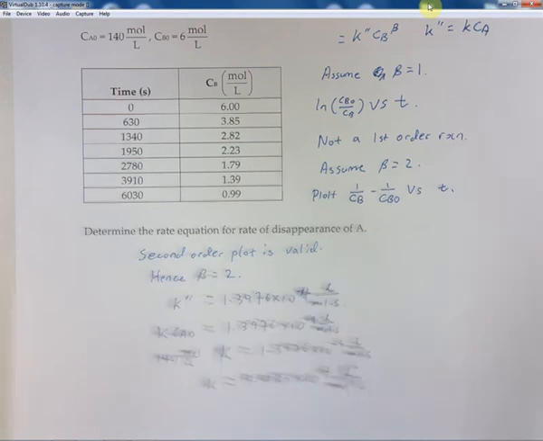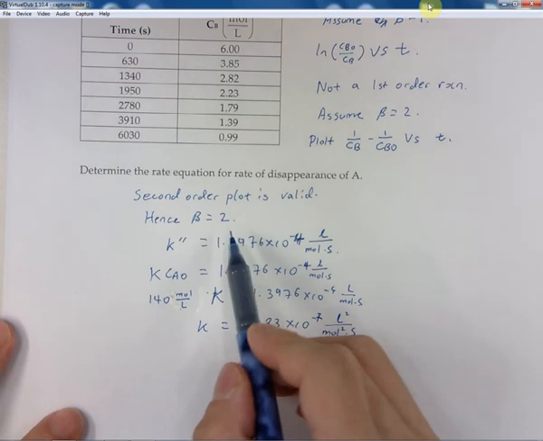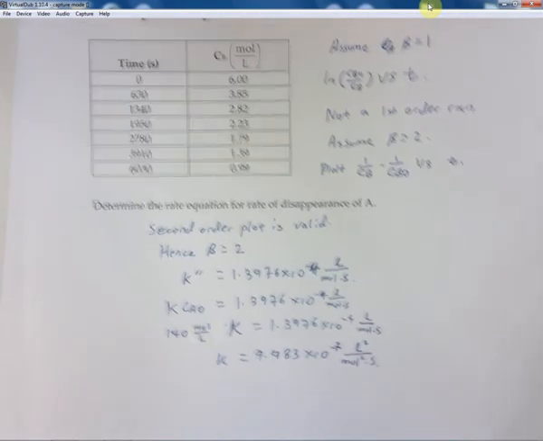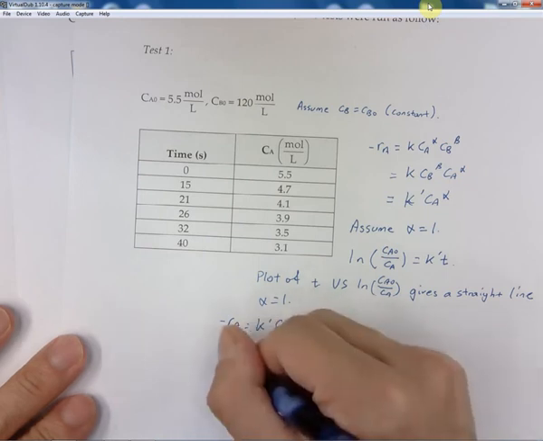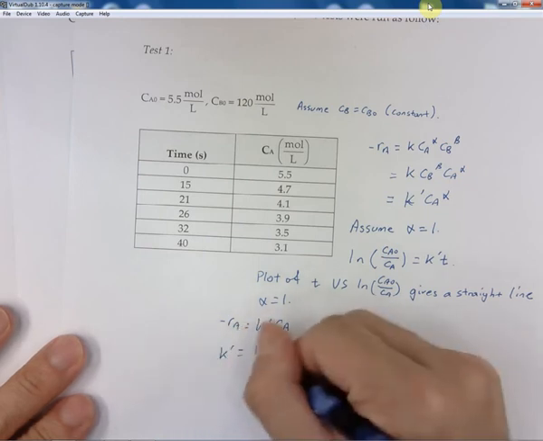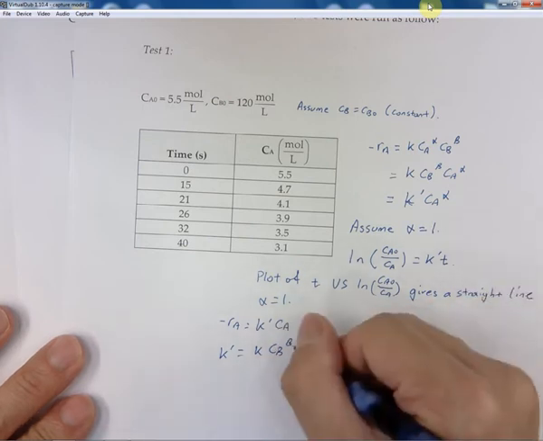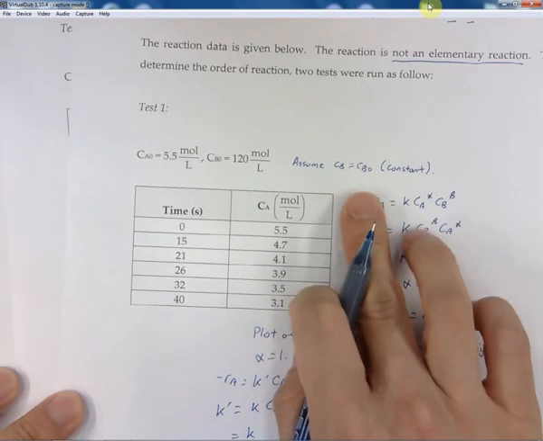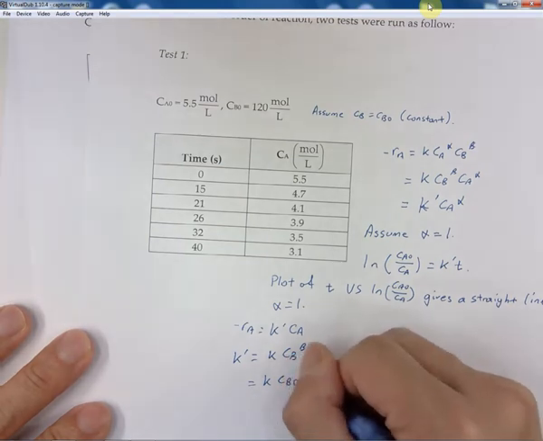So since now we know what is beta, can we use the first test to determine the value of k from here? Yeah, we can. So why don't we try it? So k prime is k times CB to the power beta, and we found that beta is 2 and CB is the same as CB naught. So this is CB naught square.